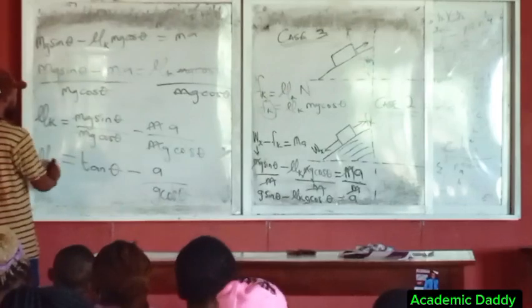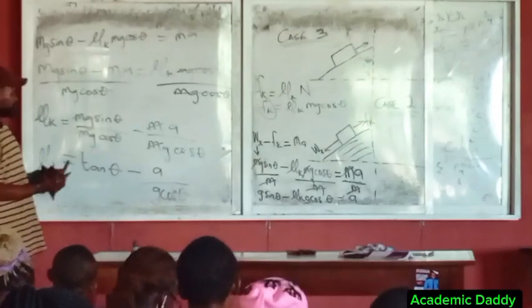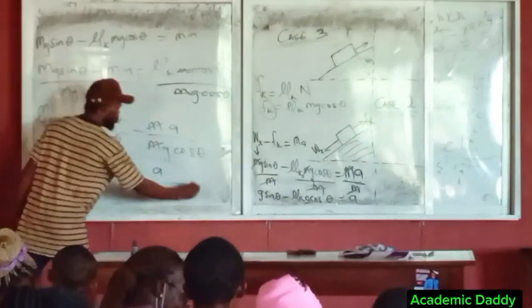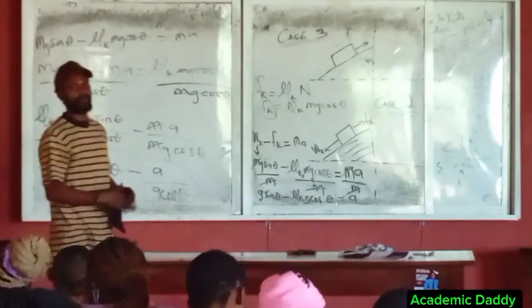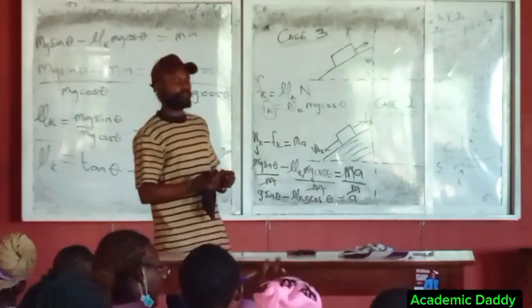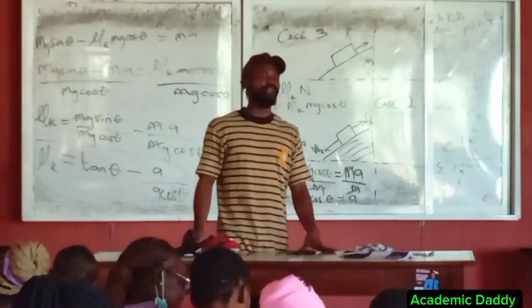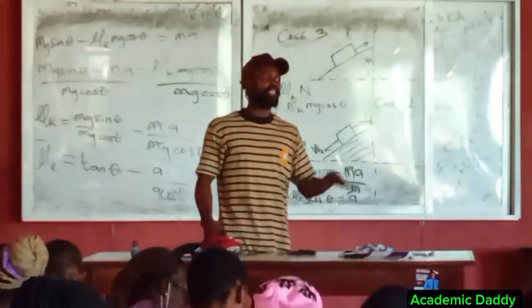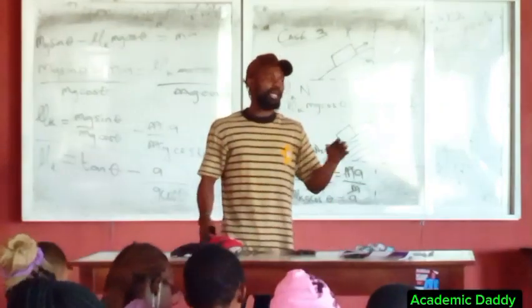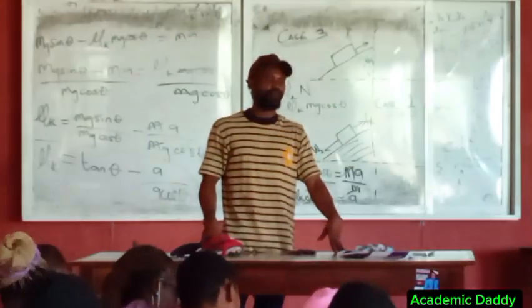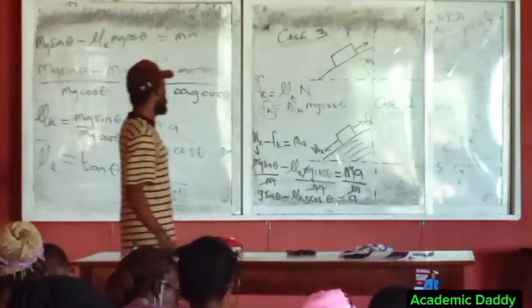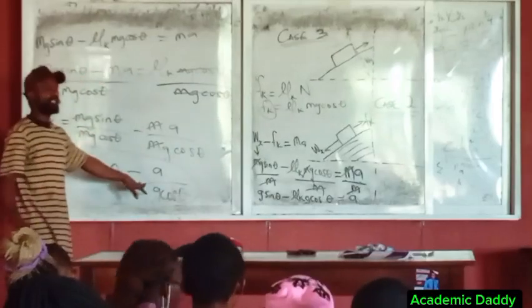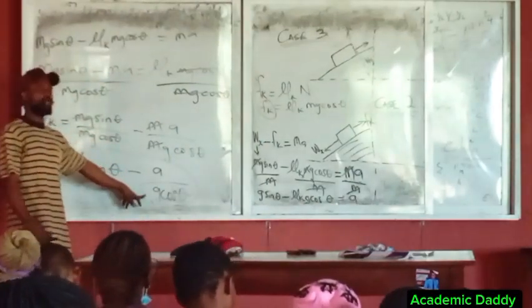So if they ask for the coefficient of kinetic friction, this is the formula. Whenever an inclined plane question is given and they tell you the body is sliding downwards, the formula to use for the coefficient of kinetic friction, because it's moving, is simply tan theta minus a all over g cos theta.